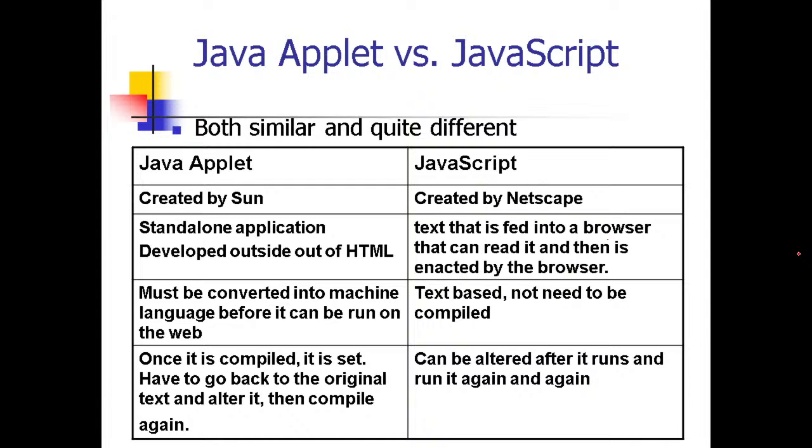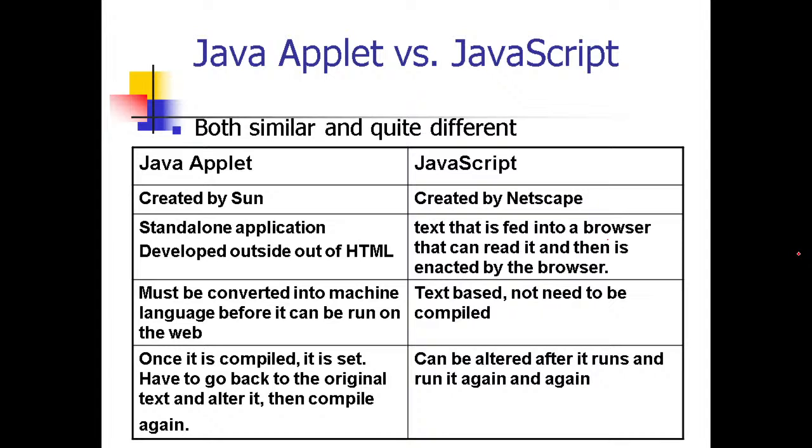A Java applet is a standalone application developed outside of HTML. So an applet we have to create separately. We have to compile it with the javac compiler, and then embed its class file into HTML. While JavaScript is defined in the HTML code only.